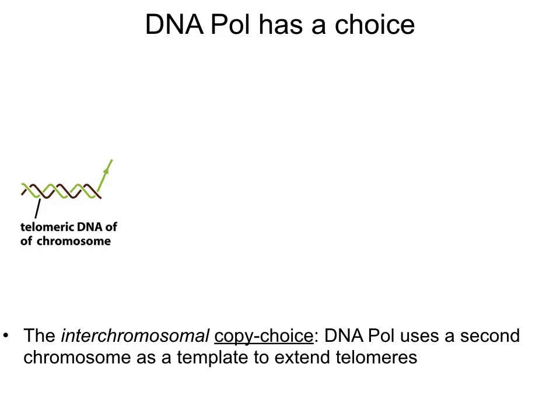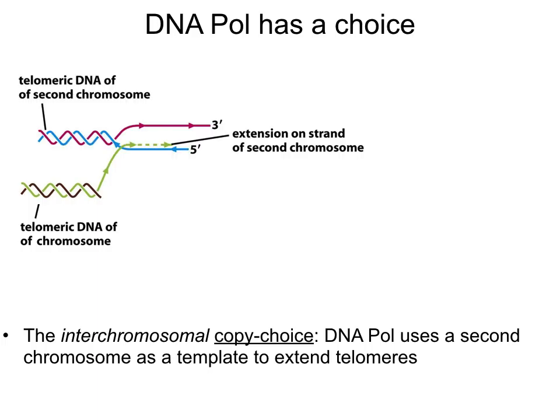So you can imagine that the free, single-stranded region of the extreme end of a chromosome, the telomere sequence, might be available to hybridize with a complementary telomeric region from another chromosome, and this is called an interchromosomal copy choice mechanism.